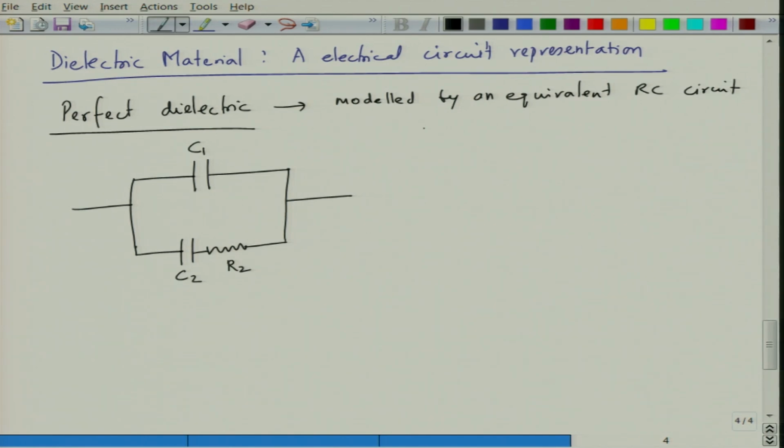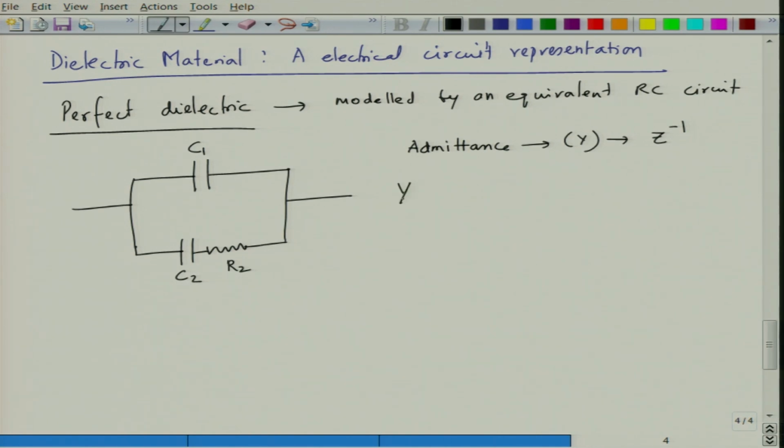So, let us consider first the admittance of this, which is represented by Y. Admittance is basically the inverse of impedance.